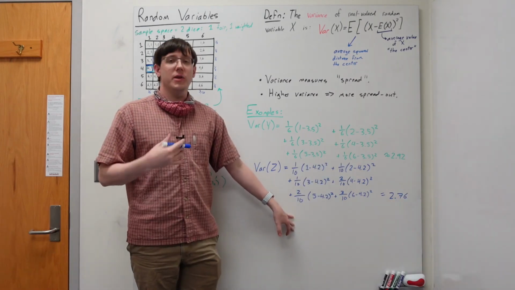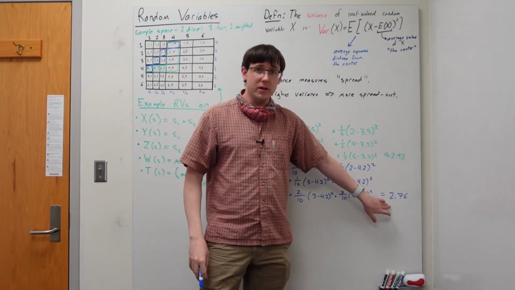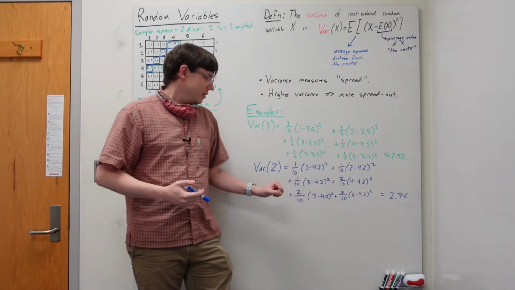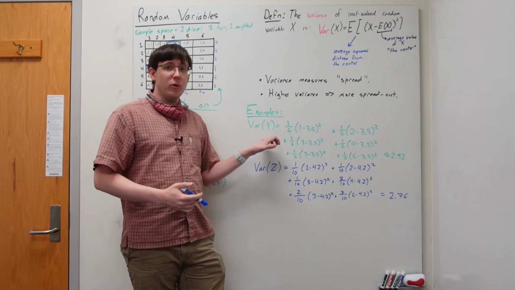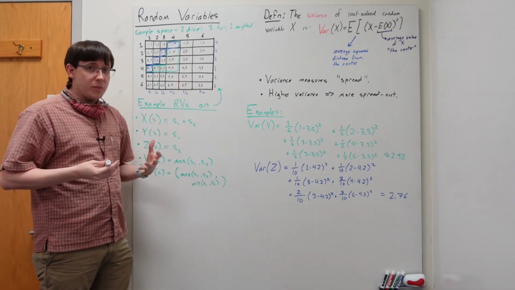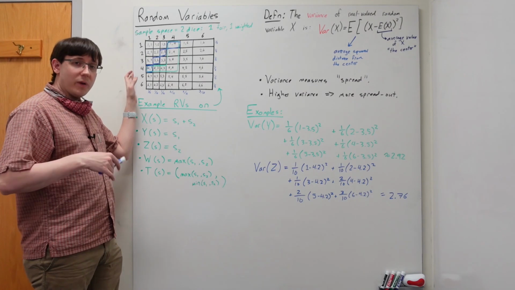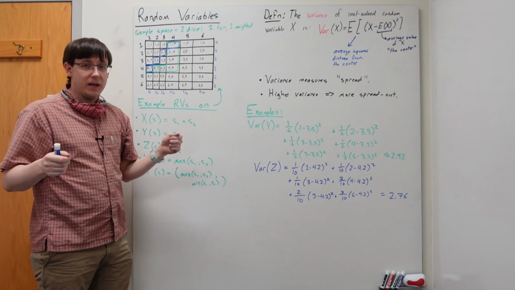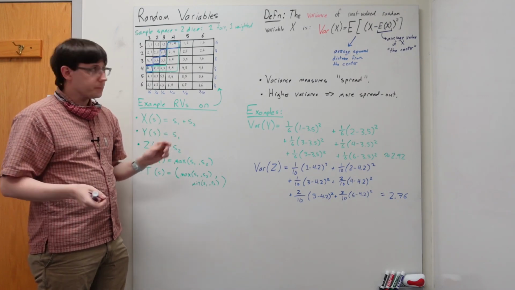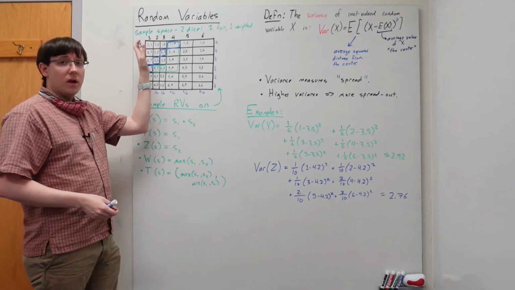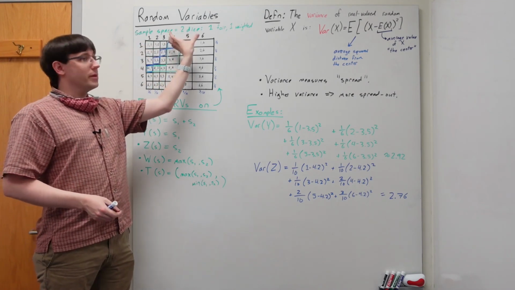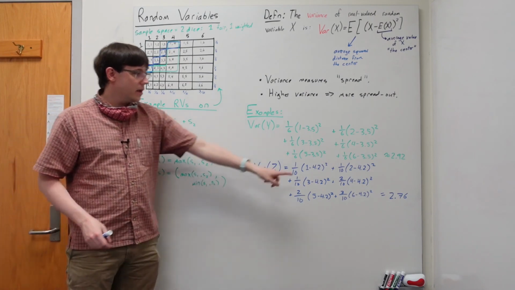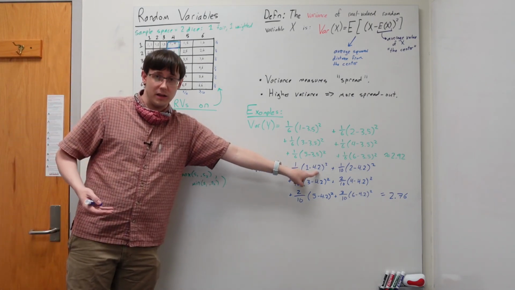And when we do the arithmetic here, we get a variance of 2.76, which means that z is less spread out than y. So how does this make sense? Well, for y, we have values that are equally likely to be spread far from the expectation in both directions, whereas for z, we have more probability on the larger values, and we also have a larger expected value.